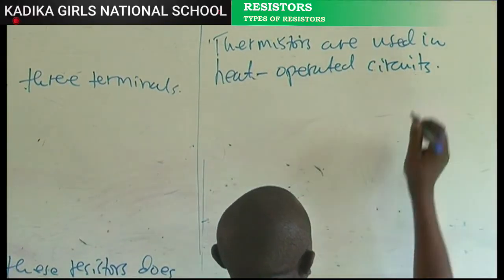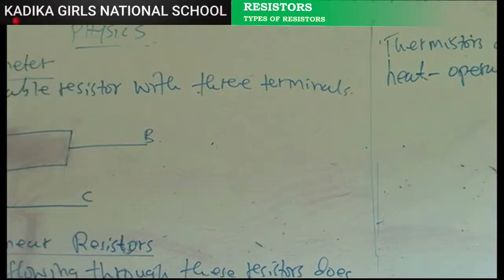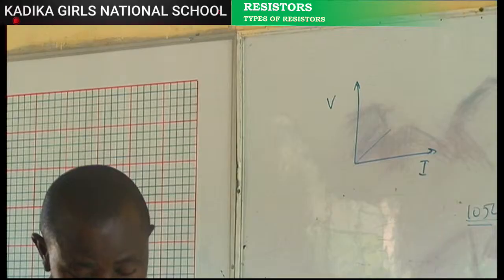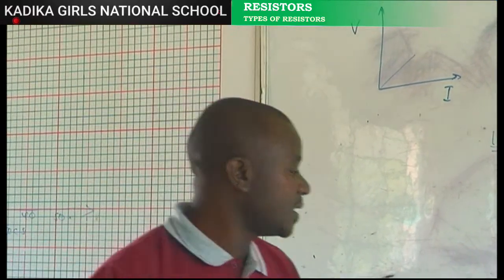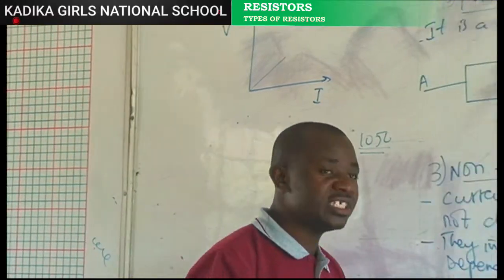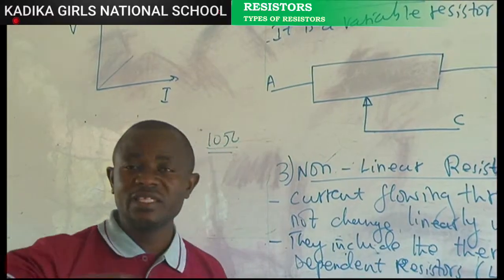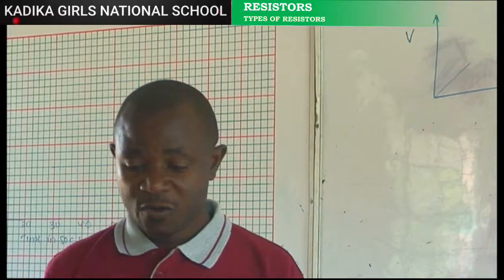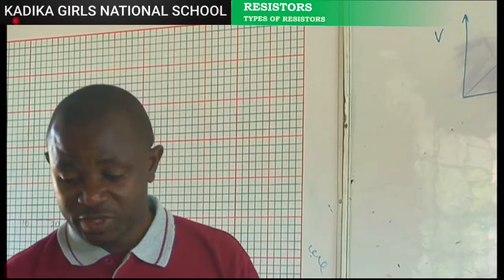That means if the heat in a given circuit increases, resistance is going to decrease. So the higher the temperature, the lower the resistance for these thermistor resistors. That is what we have.